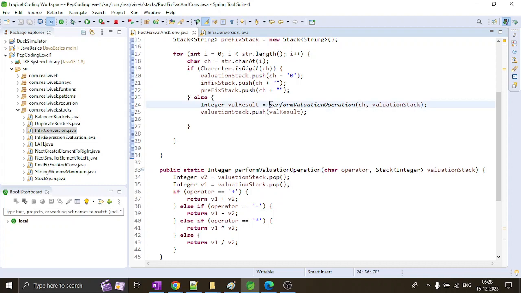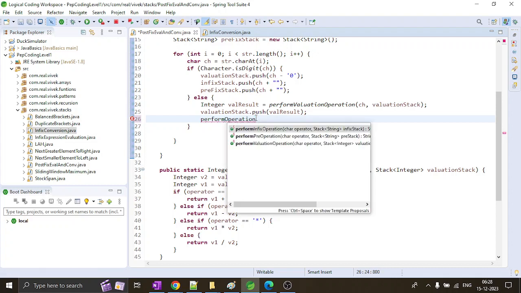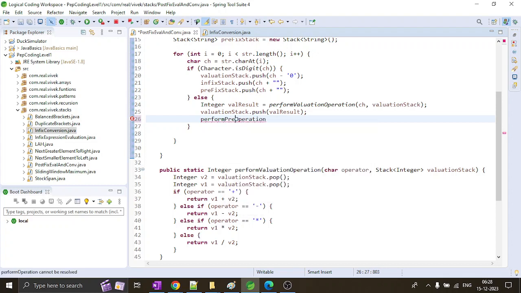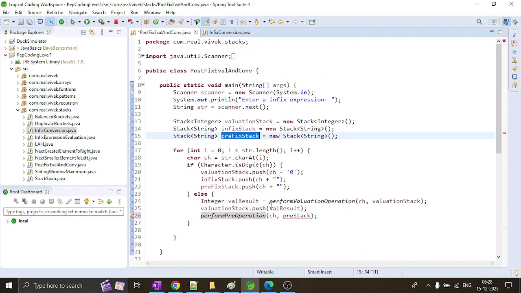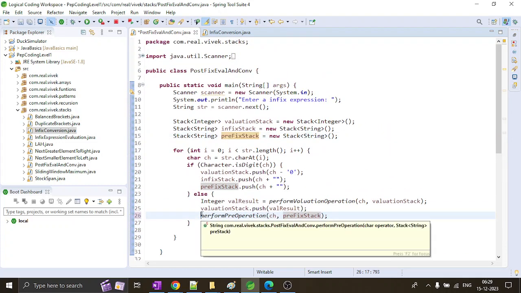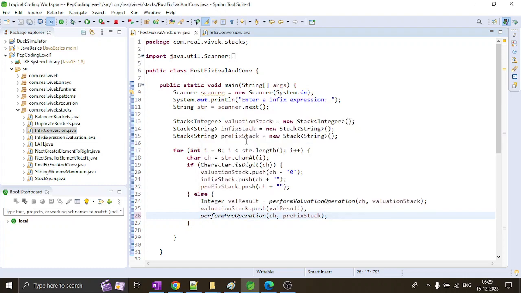So we perform the pre operation. You give the character as ch and the pre-stack, prefix stack is what we are calling it here, right? We get the result and we push it.